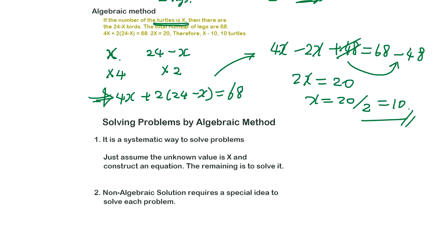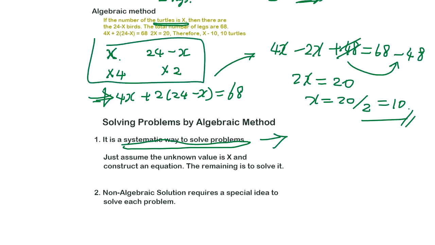You get the answer. So solving problems by the algebraic method is a systematic way to solve. Why is it systematic? Because you just construct the equation and solve it. Just assume the unknown value x and construct the equation. The remaining is to solve it.